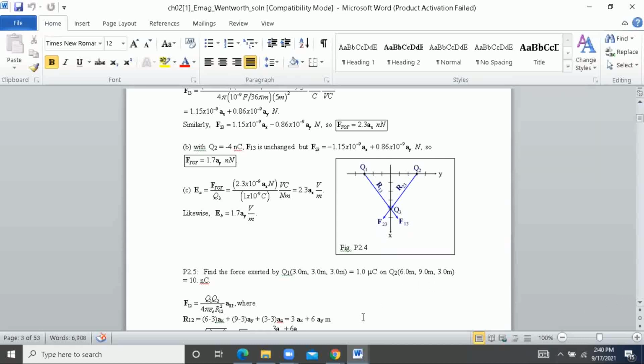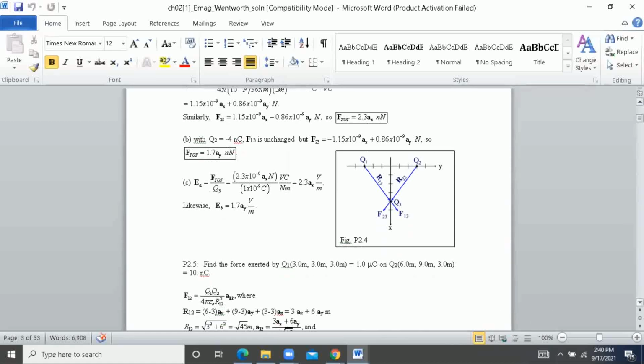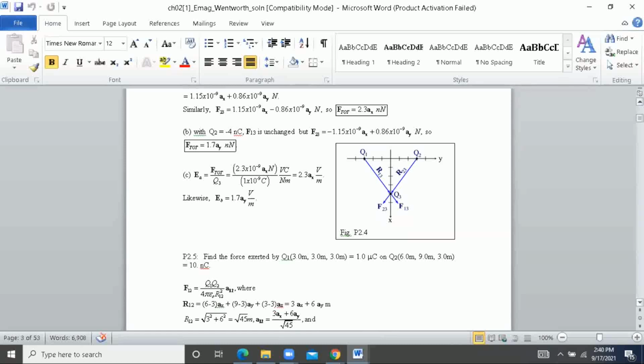So this is your 6 minus 3 ax, this 9 minus 3 ay, 3 minus 3 az. So it's 3ax plus 6ay.